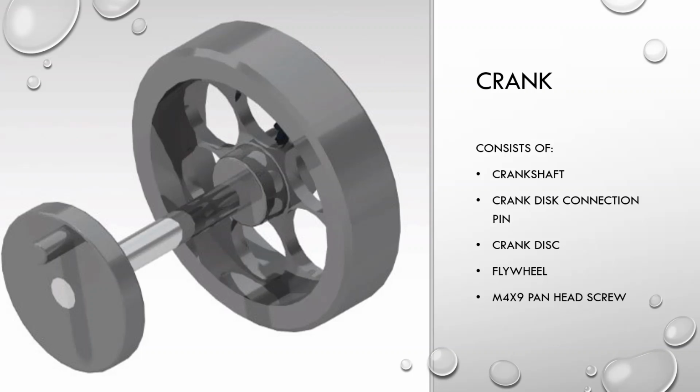The next part was the crank, or our crank subassembly. This consisted of the crankshaft, the crank disc connection pin, the crank disc, the flywheel, and a panhead screw. For this part, we had a couple interesting challenges, I guess you could call it. One that I dealt with was our flywheel. In the back there, you can barely see a screw.